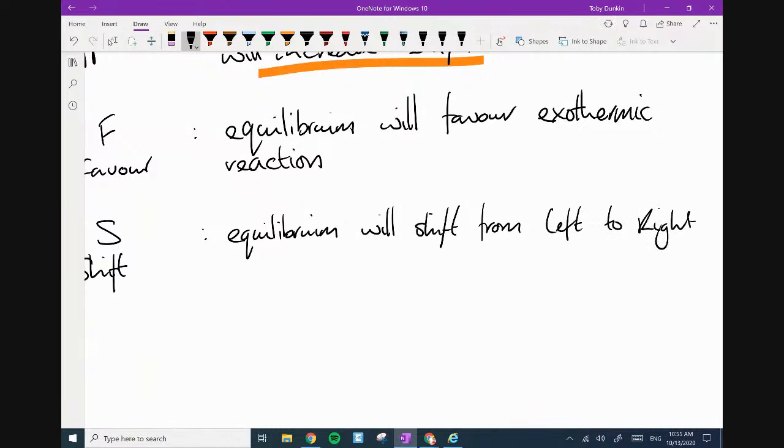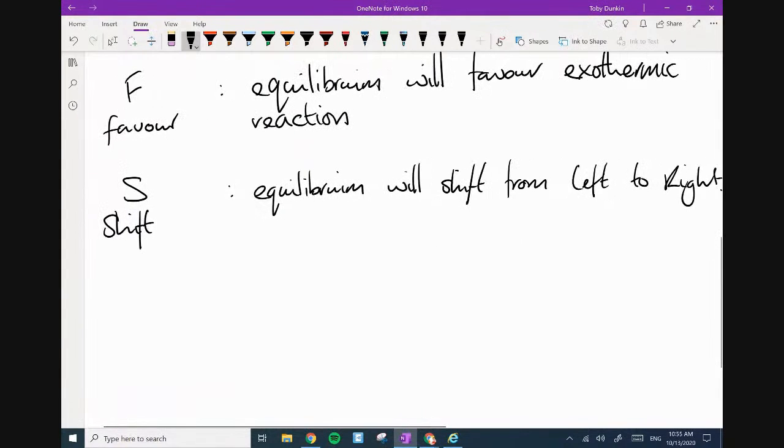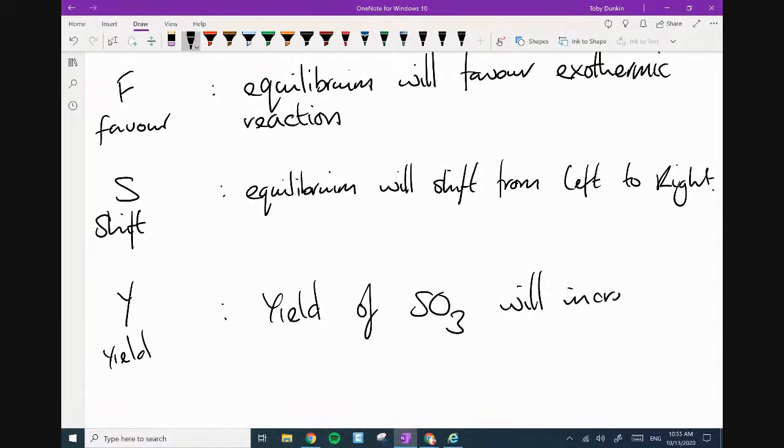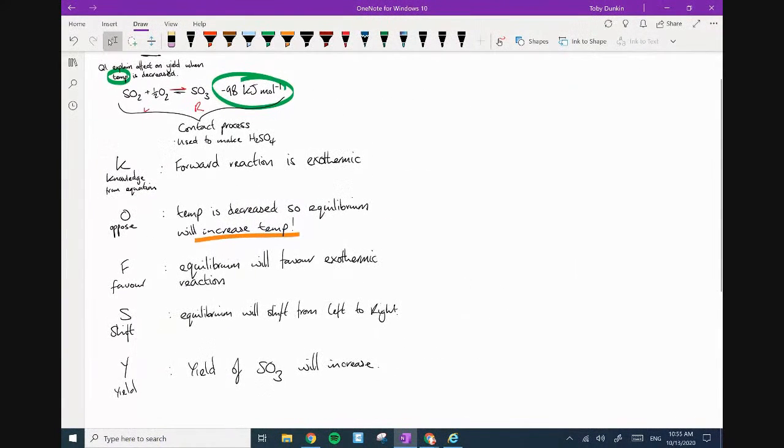And the last one, KOFS, if you like, yield. Yield of SO3 will increase.